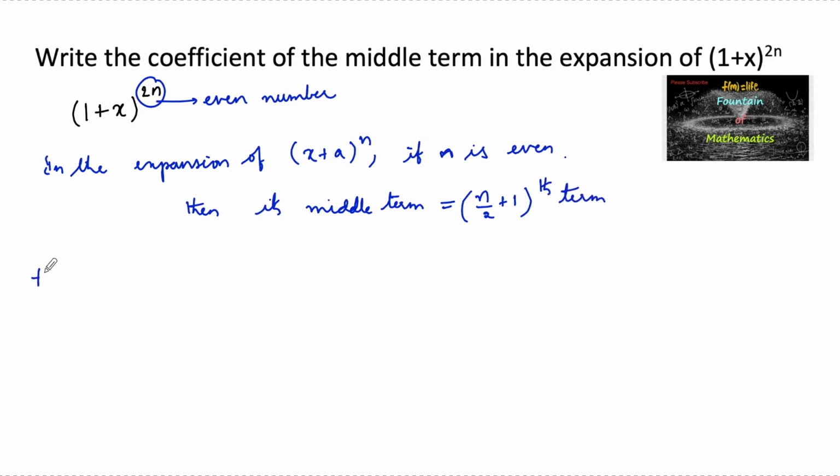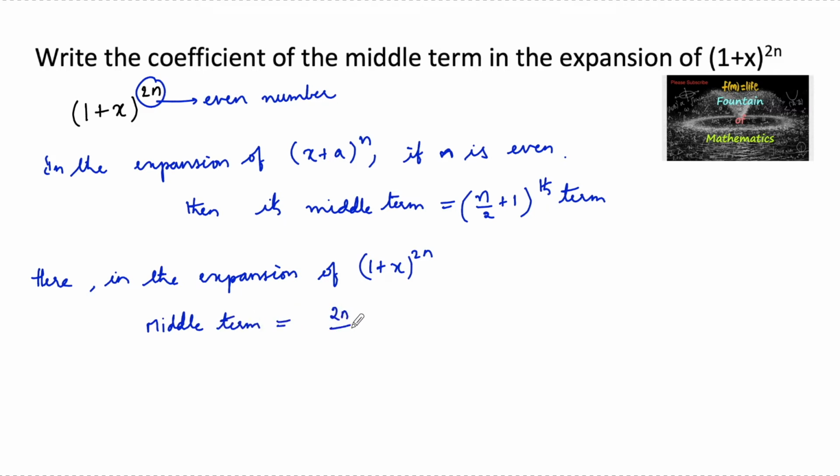So here in the expansion of (1 + x)^2n, the middle term is 2n/2 + 1, that is the (n + 1)th term.